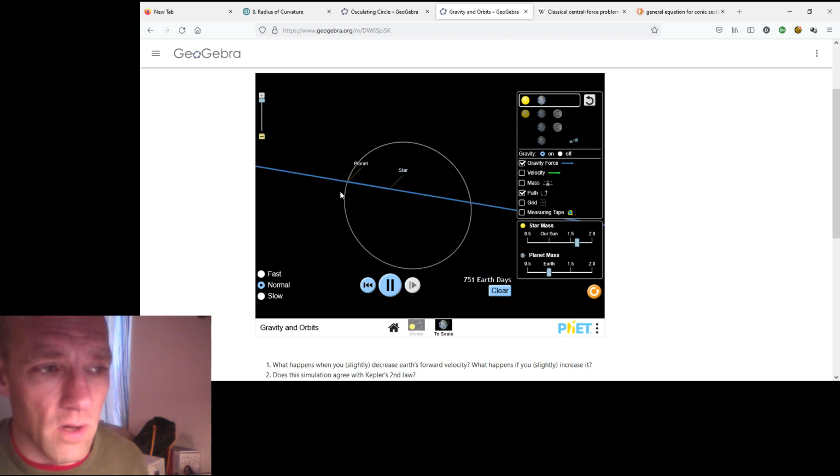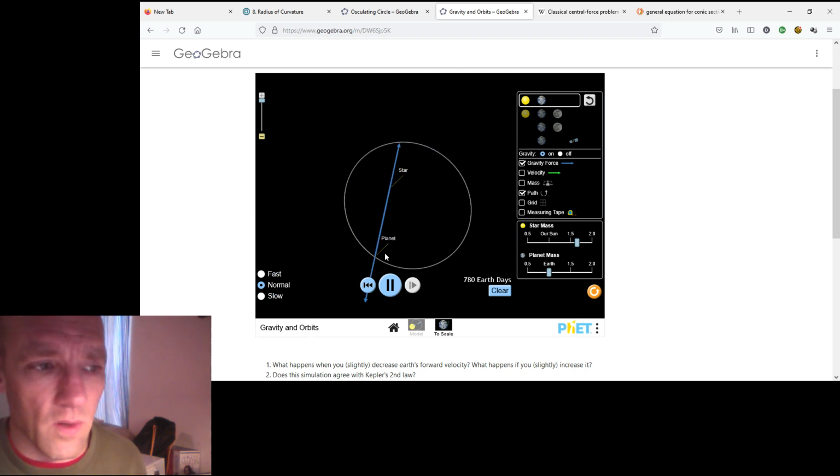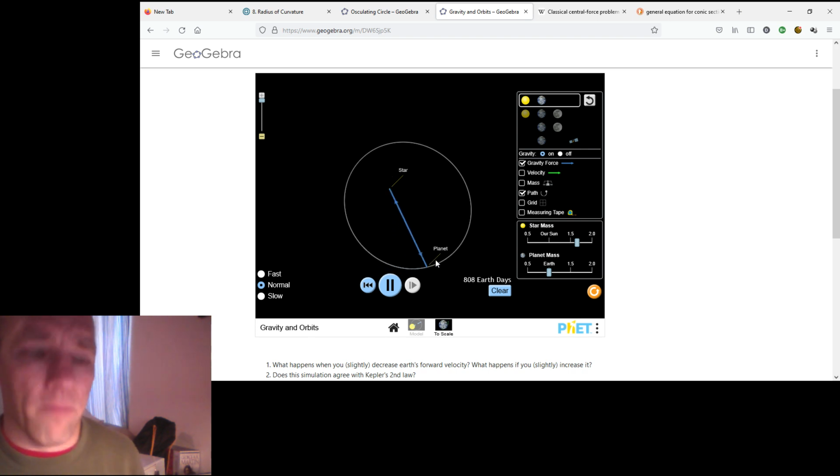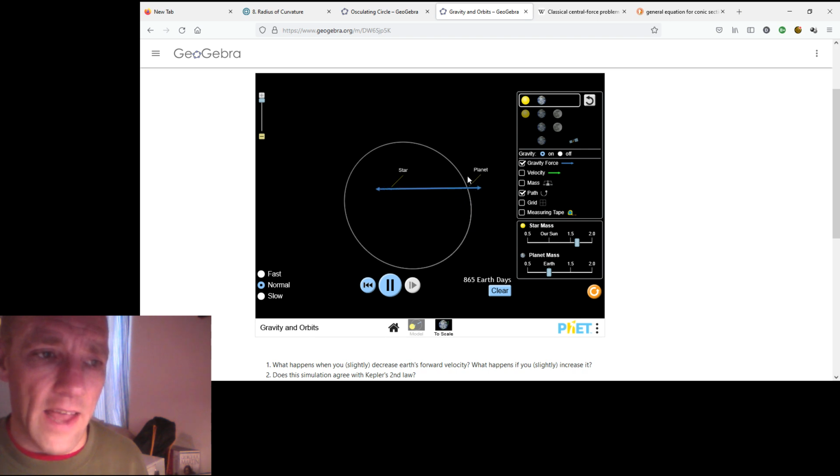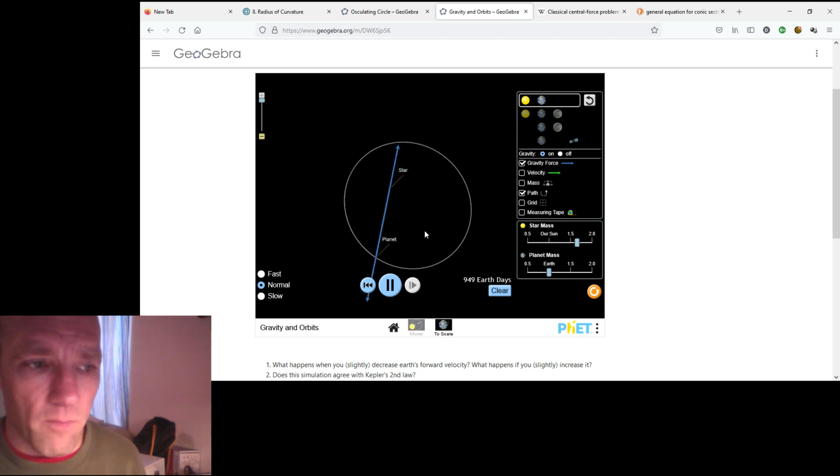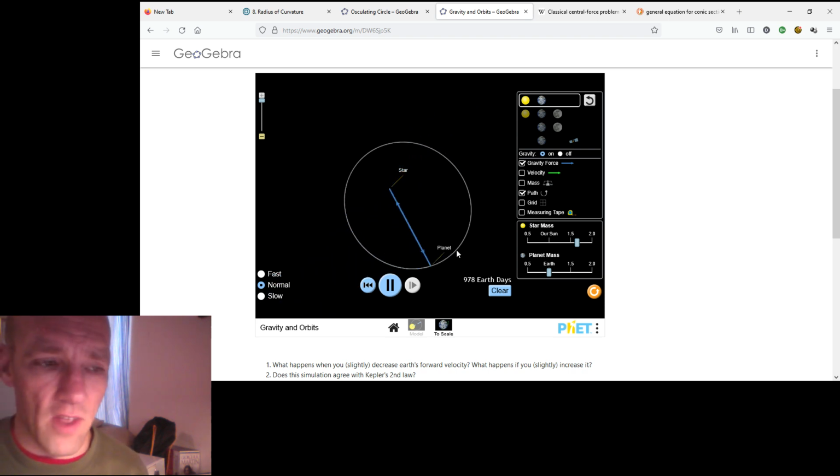This is a good lead into the next couple of chapters, where we're trading kinetic energy, the energy of motion, for potential energy, the gravitational potential energy. So the further out you are, the higher your gravitational potential energy. Therefore, your kinetic energy, i.e. your velocity, your speed, is slower.